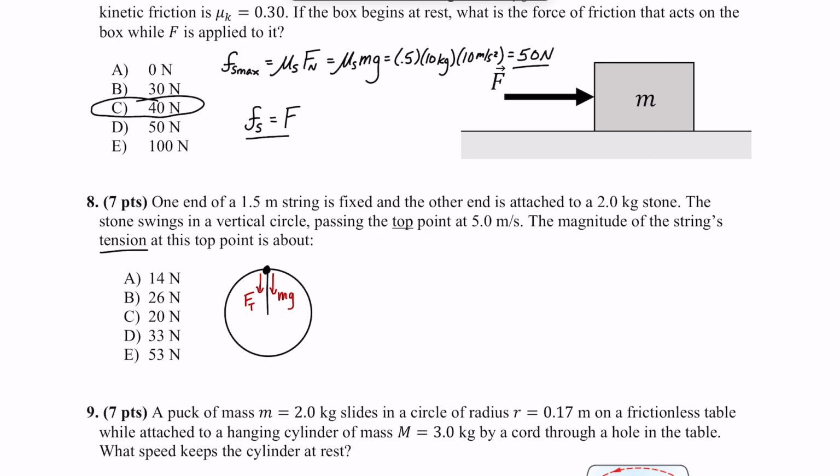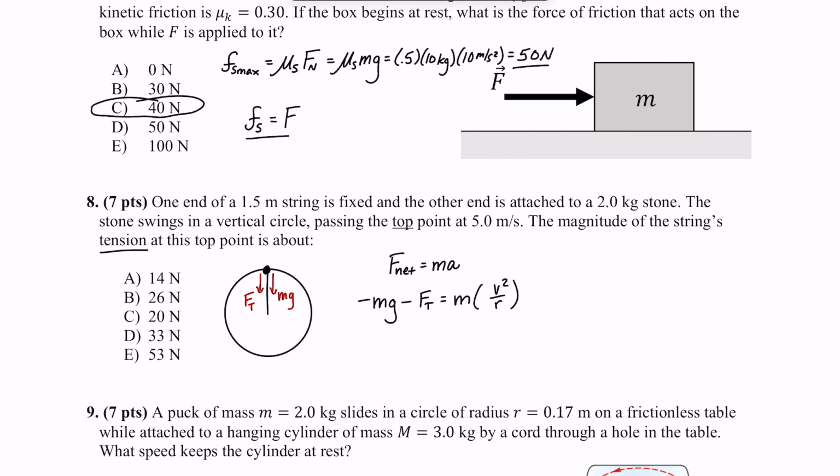So if I were to write Newton's second law, I'd have gravitational force minus my tension force on the left-hand side equals m, and for my acceleration I actually have an expression for that. Because this object is moving around in a circle, the acceleration is equal to the centripetal acceleration, v squared over r.